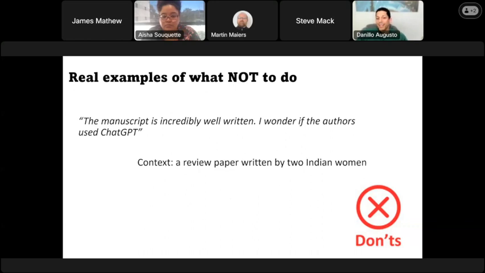And the context was a review paper written by 2 Indian women. So it feels like the assumption was that those 2 authors would not be able to write an incredibly well-written paper unless they used artificial intelligence. So these kinds of comments do not help the peer review process. So avoid those comments and focus on what is actually really needed.